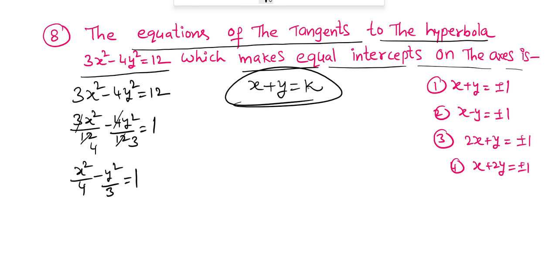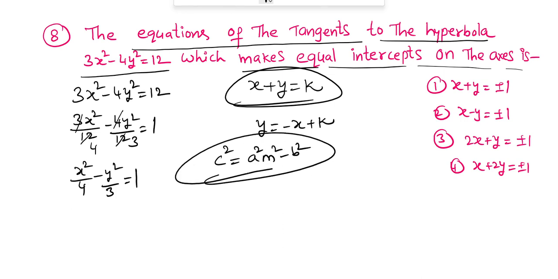For this hyperbola, the line x + y = k is a tangent. So that means y = −x + k. The condition for tangency is c² = a²m² − b². Here c² = k², a² = 4, m² = (−1)², b² = 3, that is 4 − 3 = 1.